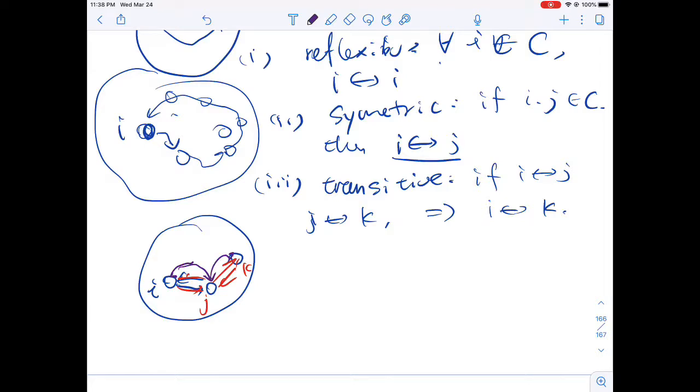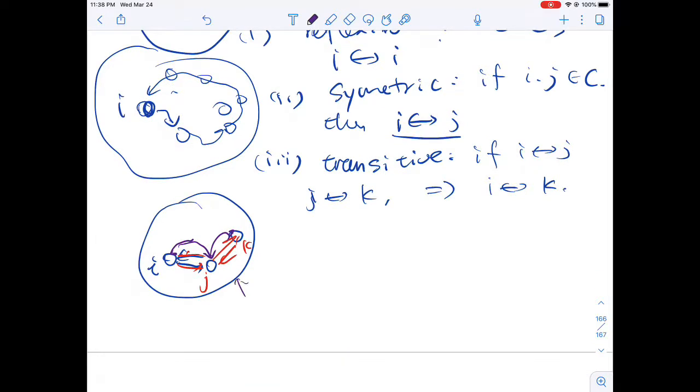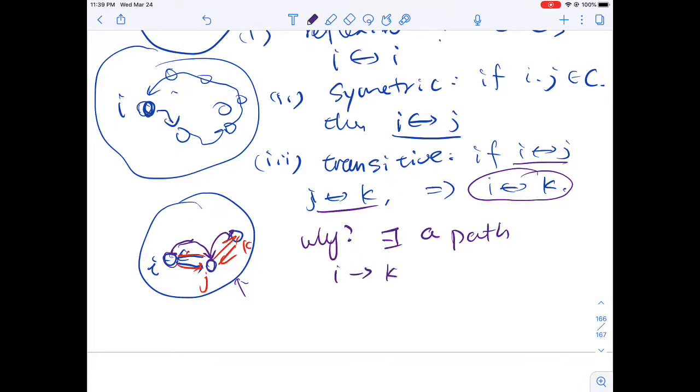Sorry, maybe I didn't express that clearly, so let me repeat. In this graph we already know that i and j communicate, and we also know that j and k communicate. That implies that i and k can also communicate. Why? Because there exists a path moving from i to k: I can move from i to j and j to k.